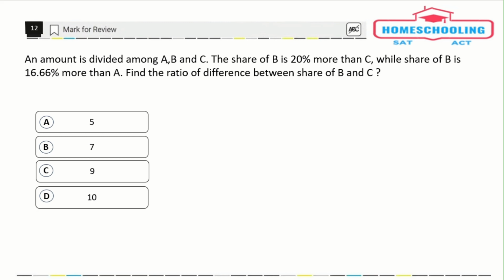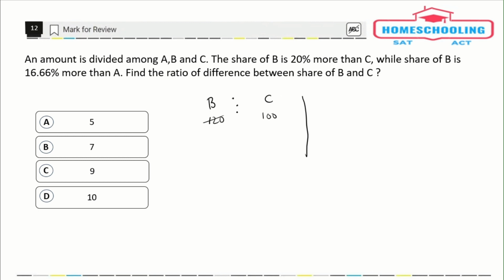Now moving to the next question. An amount is divided among A, B, C, and share of B is 20% more than C. So let's take B and C. So B is 20% more than C. If C is 100, then B would be 20% more, that would be 120.